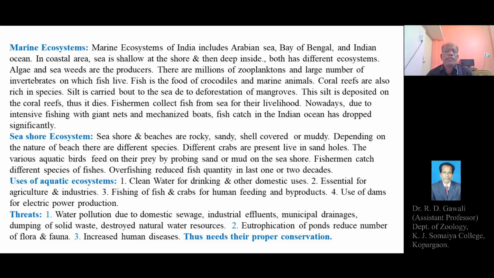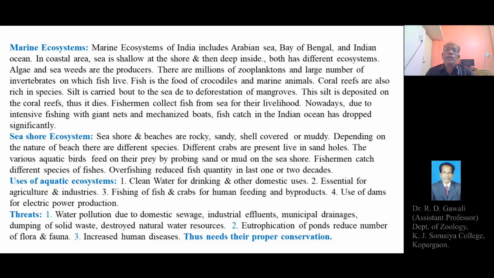There are various uses, or the aquatic ecosystems can be used for various purposes, such as the aquatic ecosystems provide us clean water for drinking and other domestic uses.